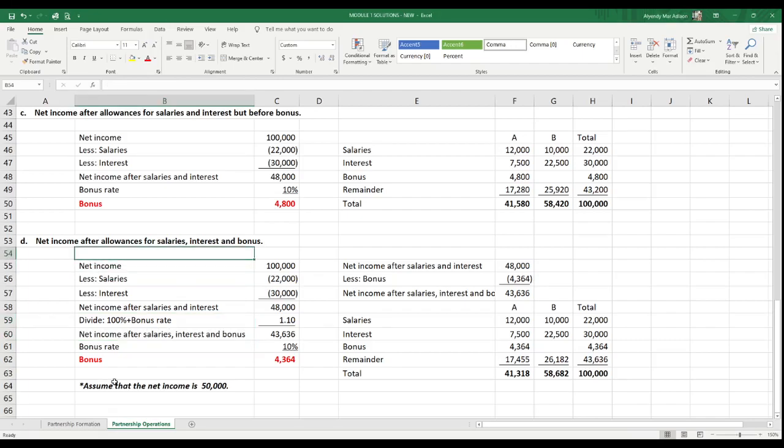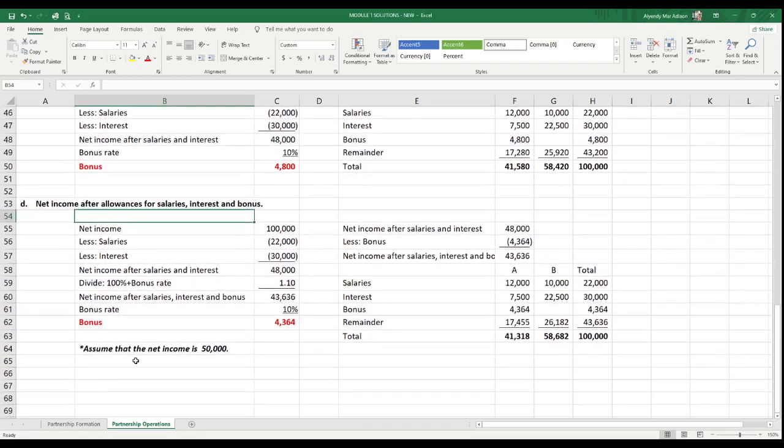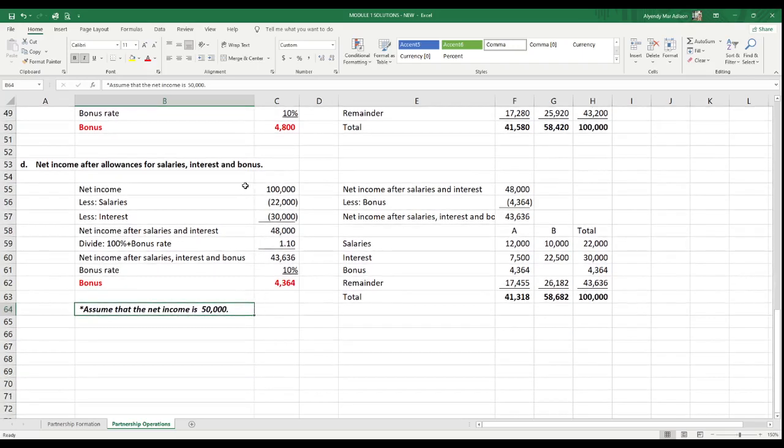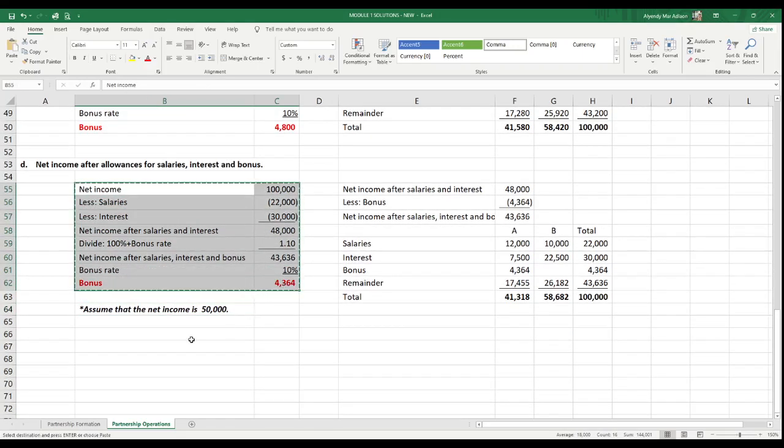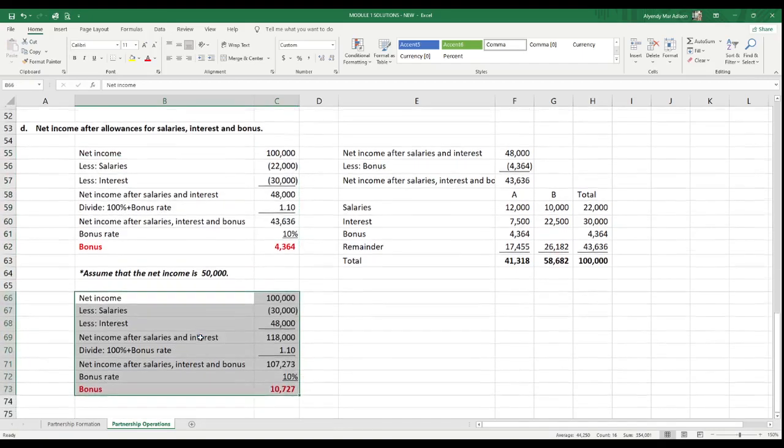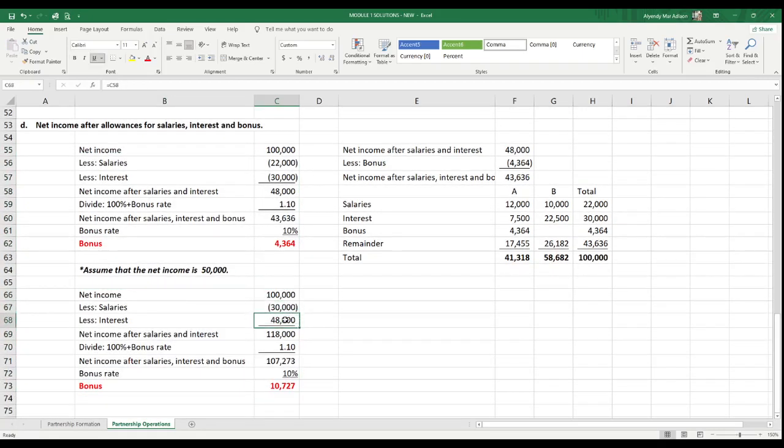Okay, now, how about this one? Let us assume that the net income is only 50,000. Here, we will compute the bonus using the letter D method, but we will change the net income so that it will now be 50,000 pesos. We will copy it because it will have the same givens, except for the net income.